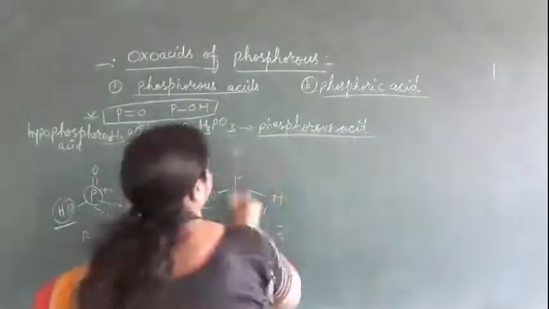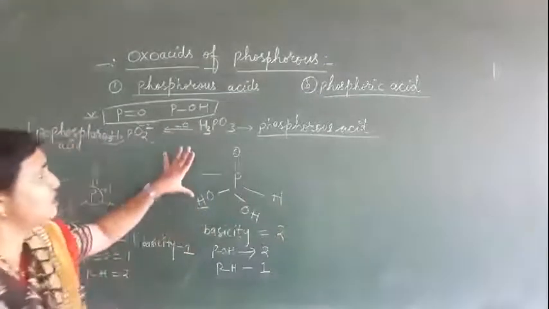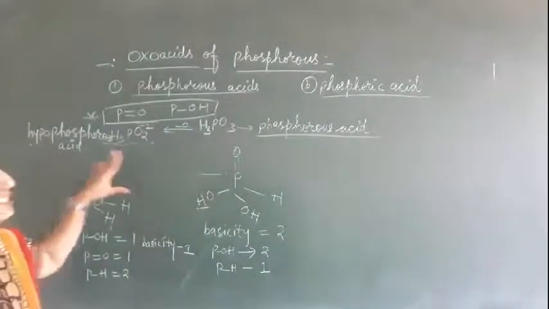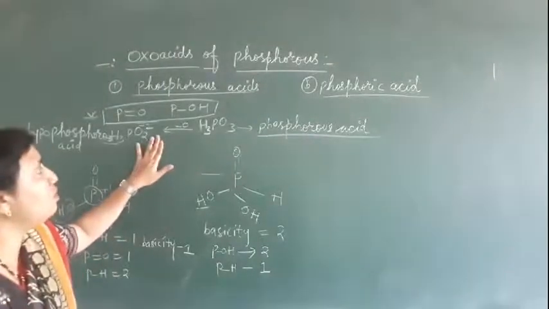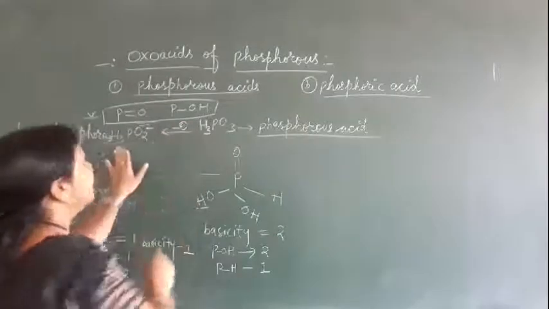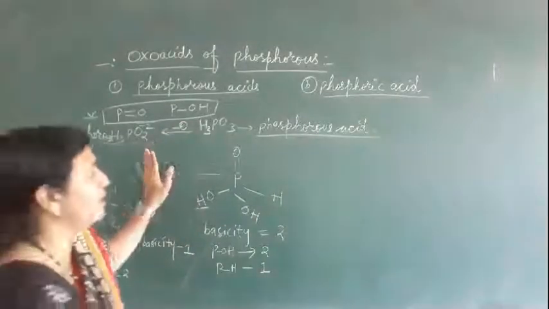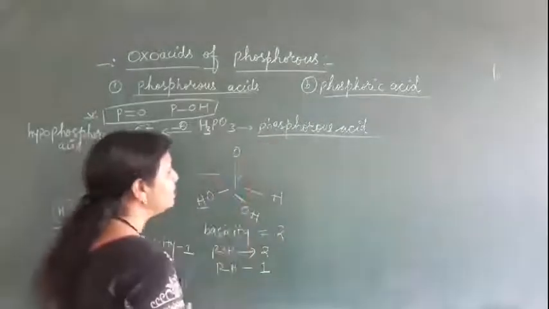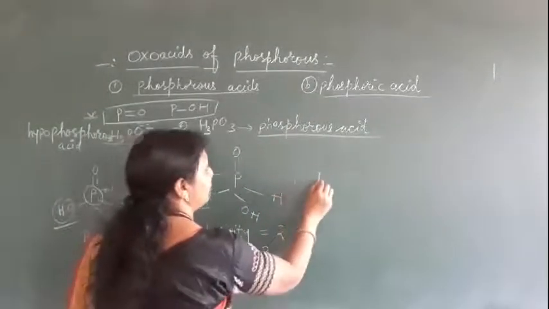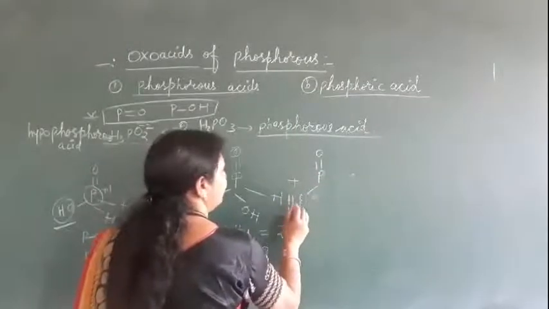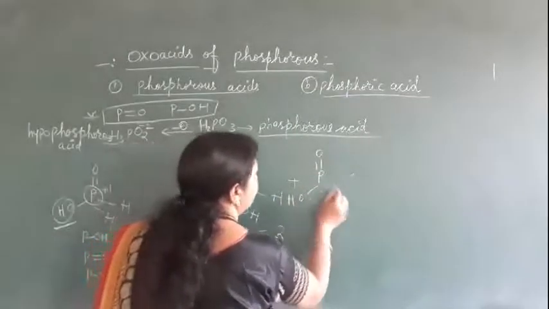Now next, this is phosphorus acid. This is hypophosphorus acid. Minus 1 oxygen, 1 oxygen reduced, then we will get H3PO2 here. Okay. Now here, if we add 1 more phosphorus acid, then what do we get?